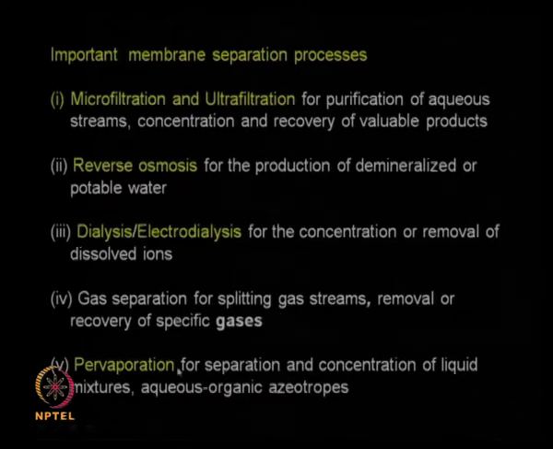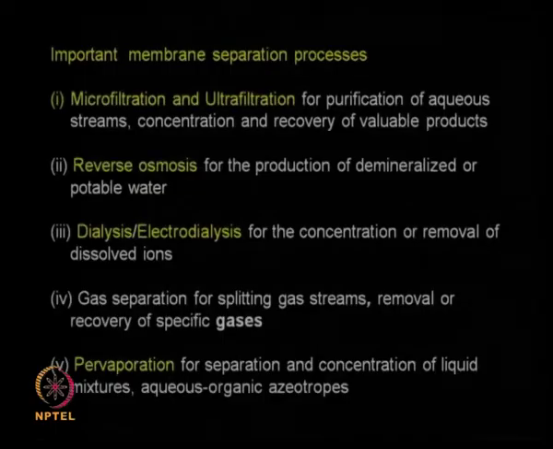Then we have the pervaporation membranes, where a certain solute will evaporate and then permeate through the membrane material. So pervaporation membranes do not have any pores like a filtration, but here there is a diffusion of the solutes that takes place. That is what is called a pervaporation membrane.